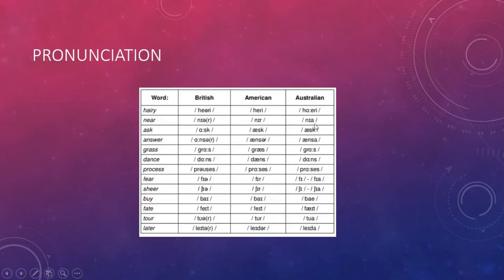Then near, ask, answer, grass, dance, process, fee. It's fear. Okay, fee or fear. Then sheer is actually she, and buy is buy. I don't know exactly, but I'm just trying.